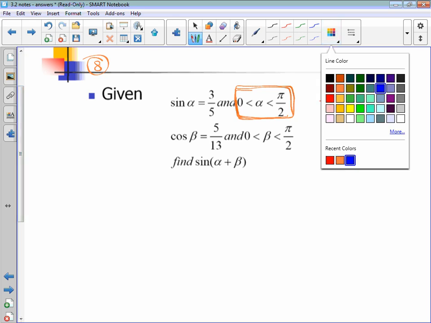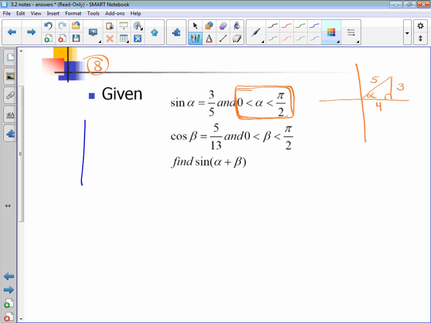Now I'm going to go ahead and draw one for beta. Beta's in the same quadrant, right? So I draw another triangle. Right angle on the x-axis. Beta right in there. And this time I tell you the cosine of beta is 5 over 13.